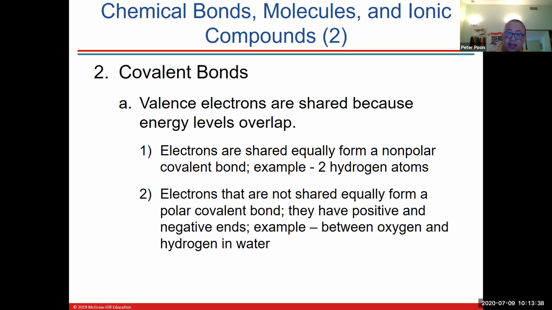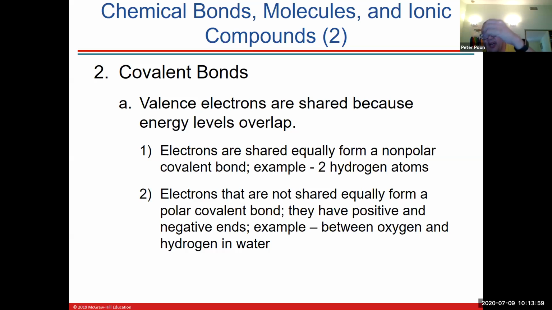A good example of that is water, oxygen and hydrogen. The oxygen is more electronegative, so it will pull the electron more toward the oxygen, and therefore the oxygen will be slightly negatively charged.